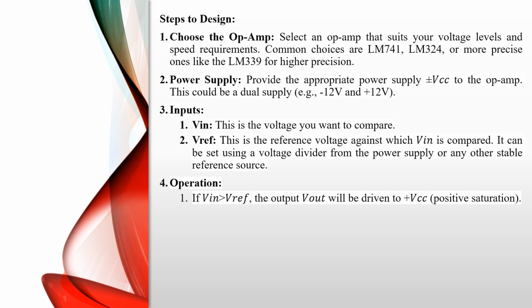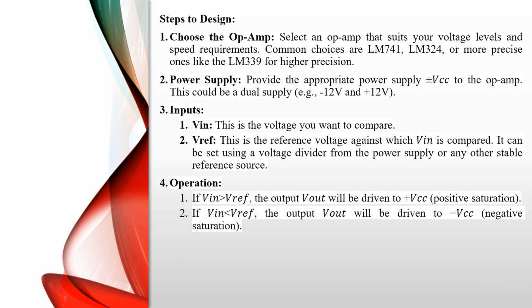That means positive saturation. And the second condition is if V in is less than V reference, the output voltage V out will be driven to minus VCC, that is negative saturation voltage. Okay, so these are the two conditions for the comparator circuit.